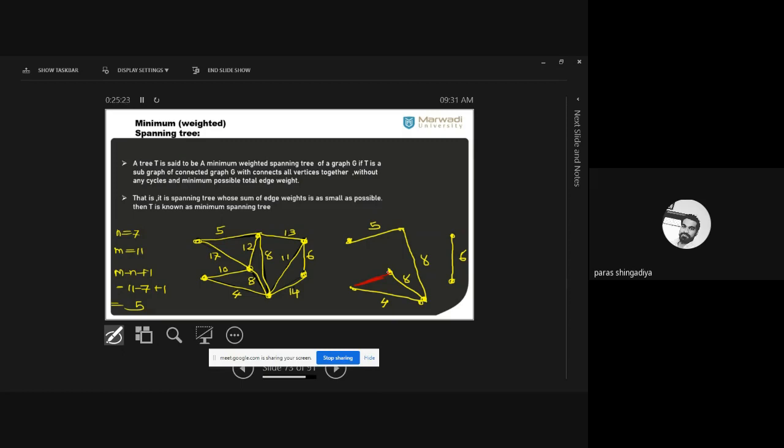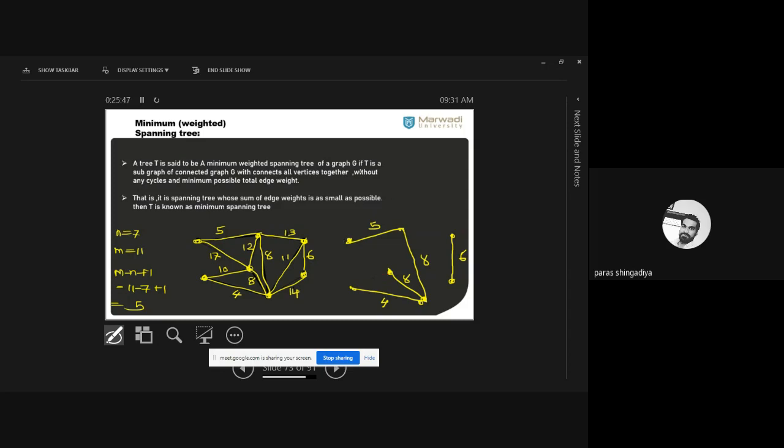This weight is minimum compared to 12, 17, 11 and 14 and so on, but I cannot include it in my graph because it creates a circuit using these three vertices. So just skip this edge.